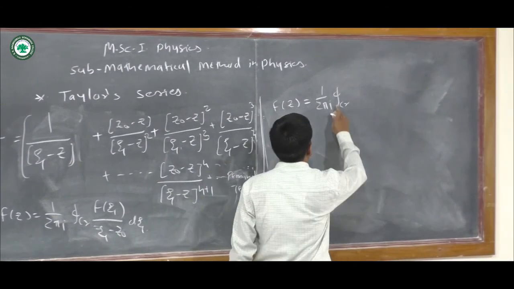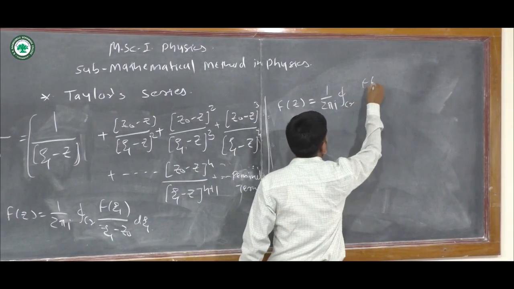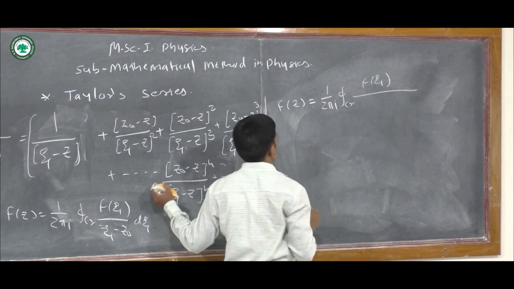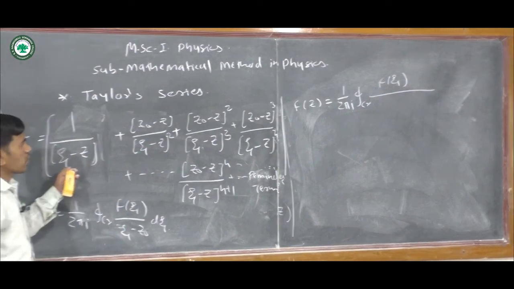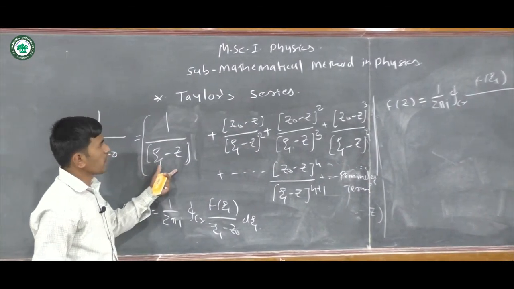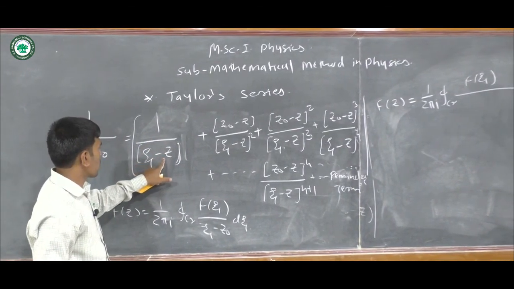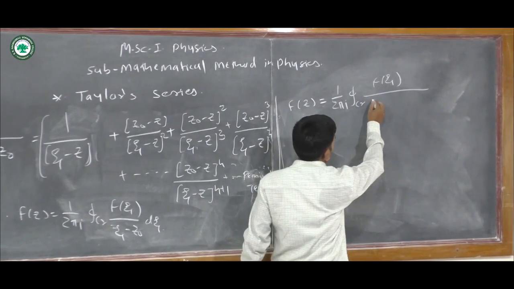So it is closed integral over CR, and this f of psi divided by, now for here are the number of terms. Okay, so we consider one by one. So the first term, if I put, that is 1 by psi1 minus z, into this equation.